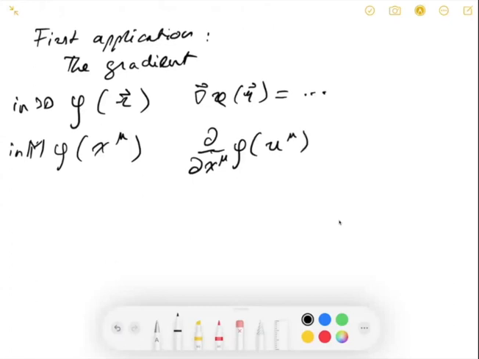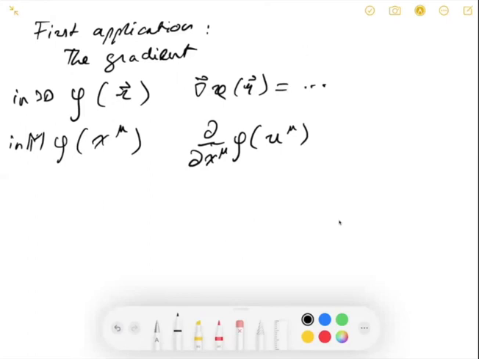Now, what happens if we take the gradient and we move a little bit away?